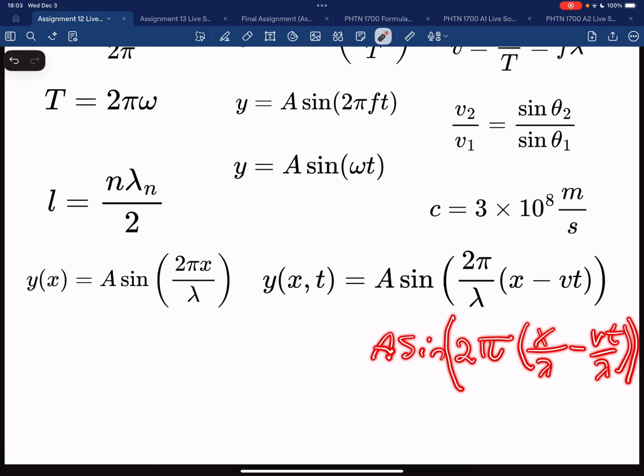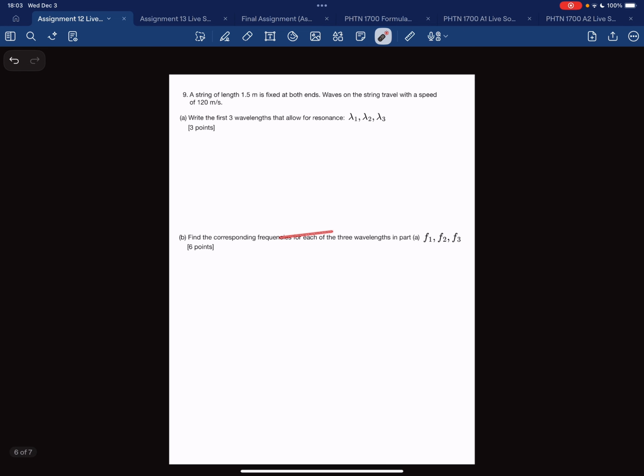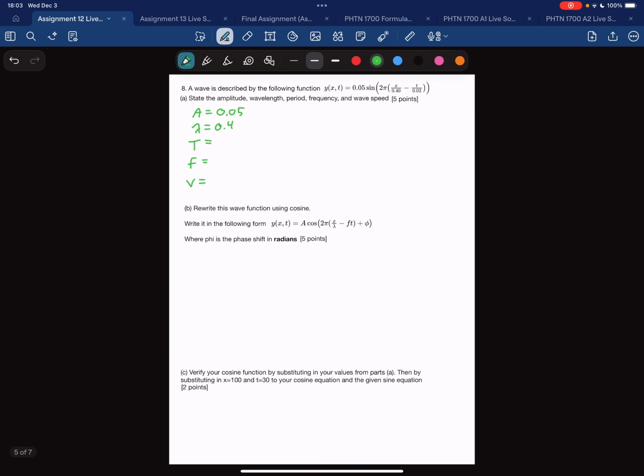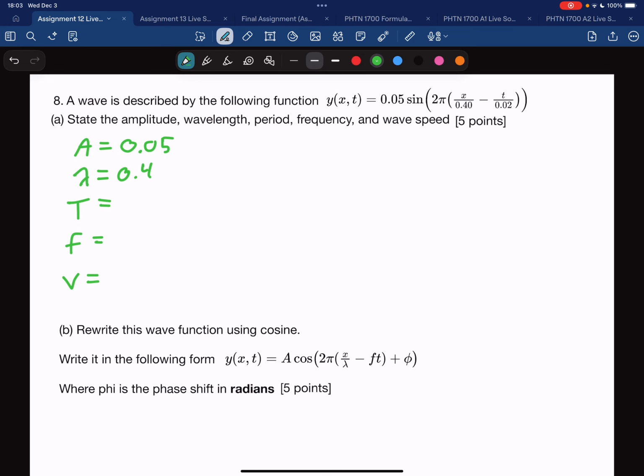So what I'm seeing is that x is over lambda, so we have the right wavelength of 0.4, and v over lambda is being multiplied by t there. So we know that 1 over 0.02 is equal to v over lambda from our formula.